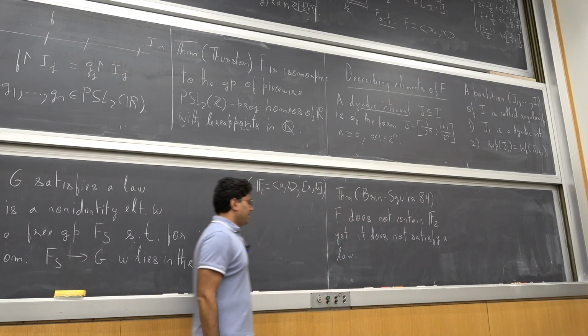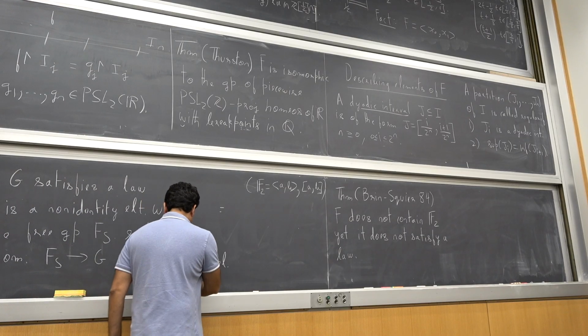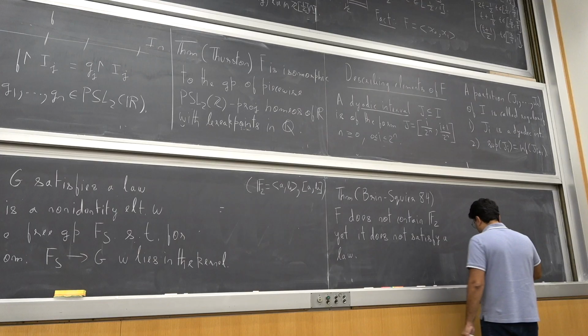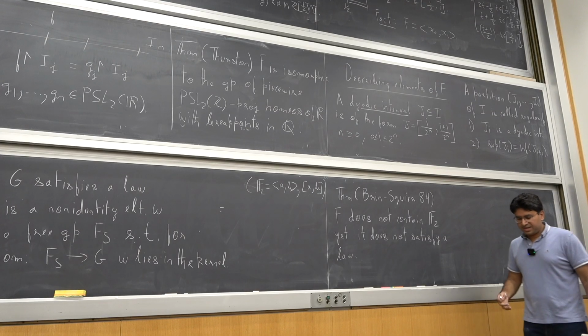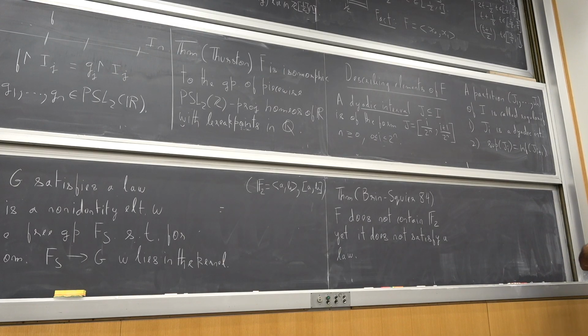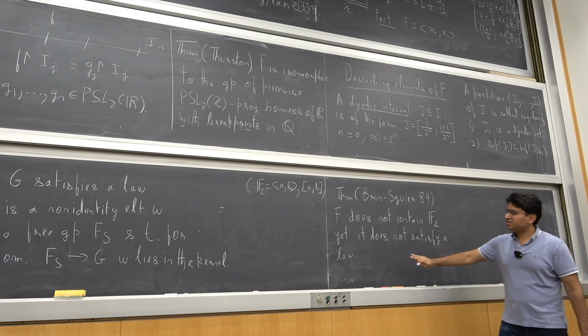Okay. So I want to give you a sketch of a proof of this. I don't have enough time to give you all the proofs in this mini course, but I want you to have a sense of how the proofs go and come back with a set of techniques that maybe you will use in your research. So let's focus on the part that it does not satisfy a law.